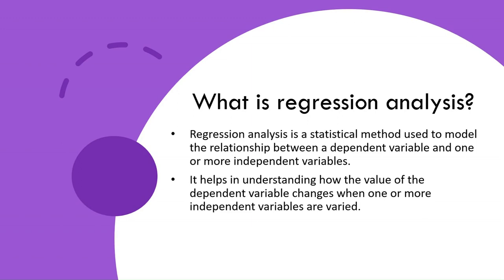Also, it helps in understanding how the value of the dependent variable changes when one or more independent variables are varied. There are different types of regression analysis, such as linear regression, multiple regression, logistic regression, and many more. But today, our specific focus will be only on linear regression.